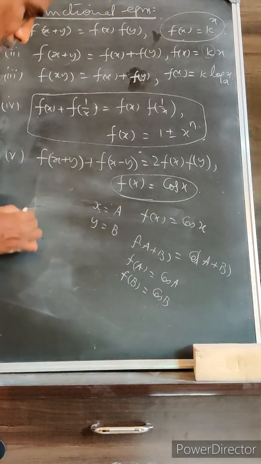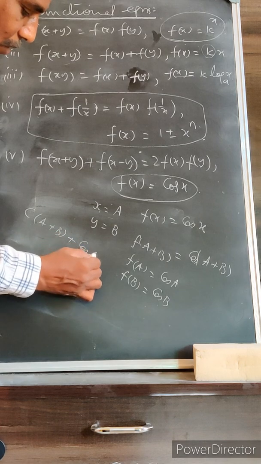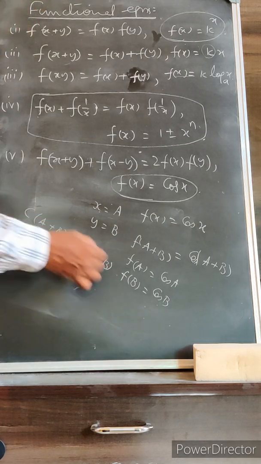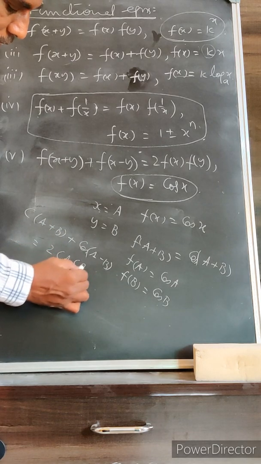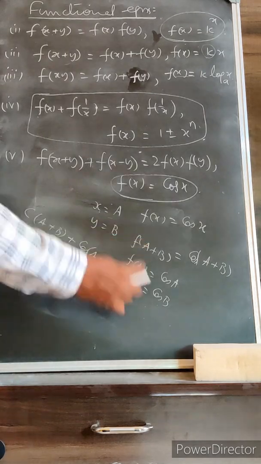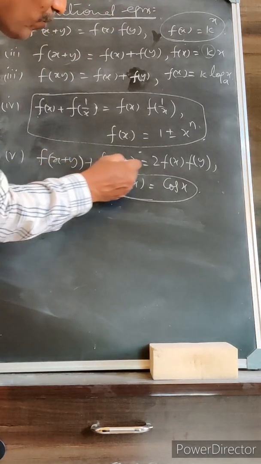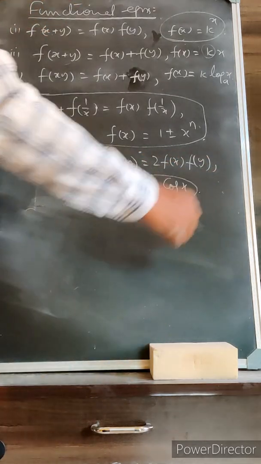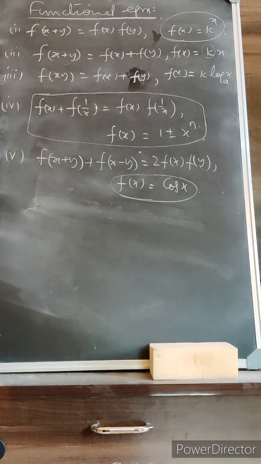Then this will become cos of a plus b plus cos of a minus b. This will be 2 times cos a cos b. So it is 2 times f of x into f of y. So whenever the function is of the form f of x plus y plus f of x minus y equal to 2 times f of x into f of y, take that function as f of x equal to cos x. That's all.